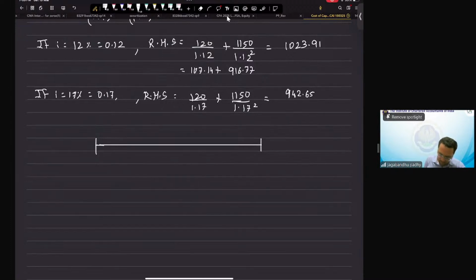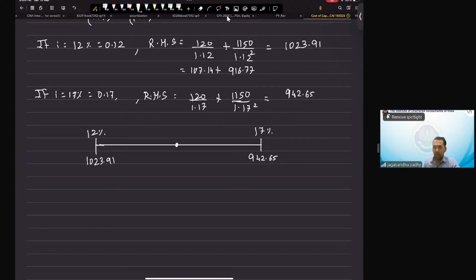At a discounting rate of 12%, we're getting 1023.91. And when we're discounting at 17%, this is 942.65.